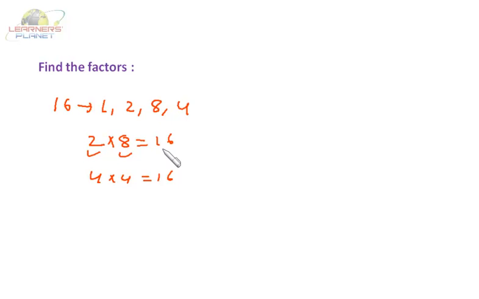Similarly, in the tables of 9, 10, 11, 12, 13, 14, 15, 16 is not there. So the last number which is a factor of 16 is 16 itself. So the numbers which are factors of 16 are 1, 2, 4, 8 and 16. In all there are 5 factors of 16.